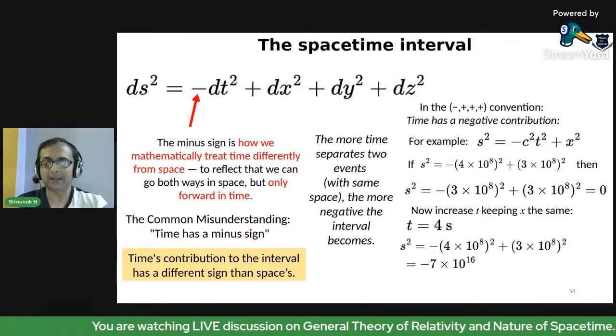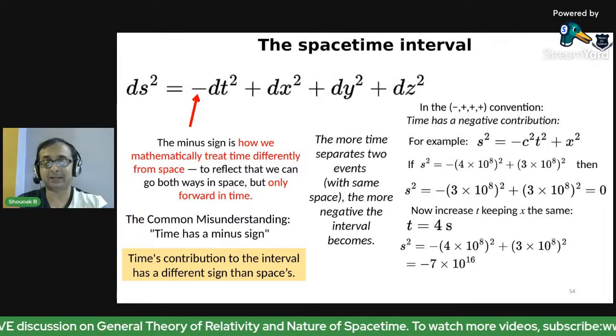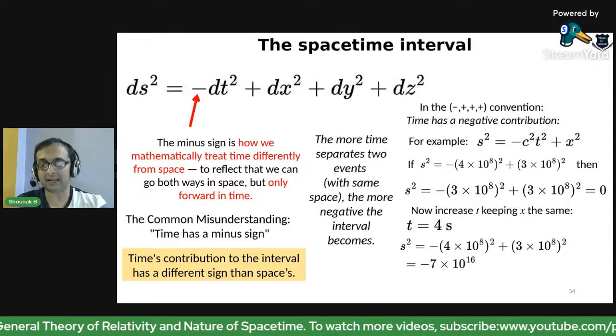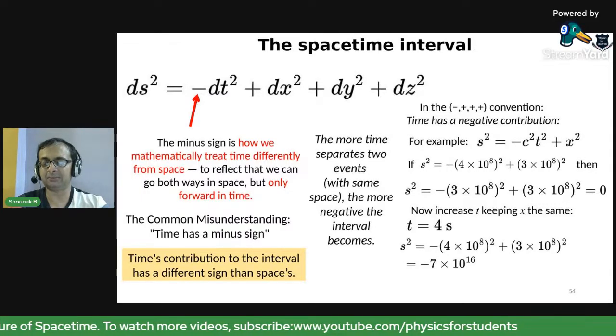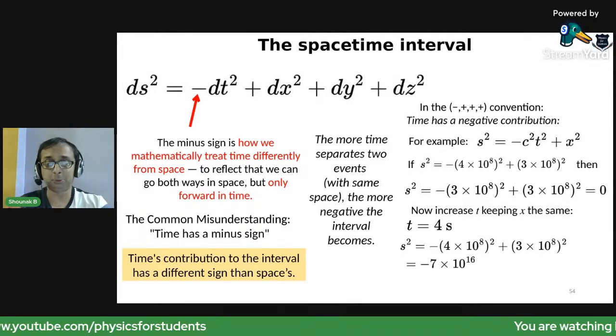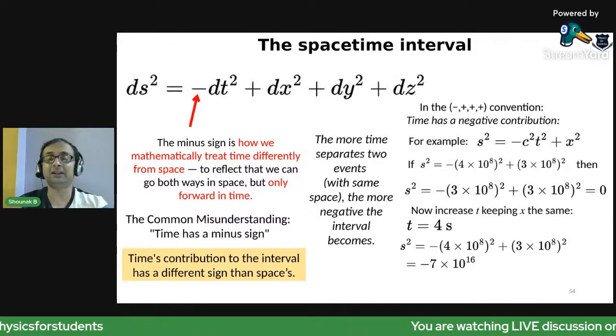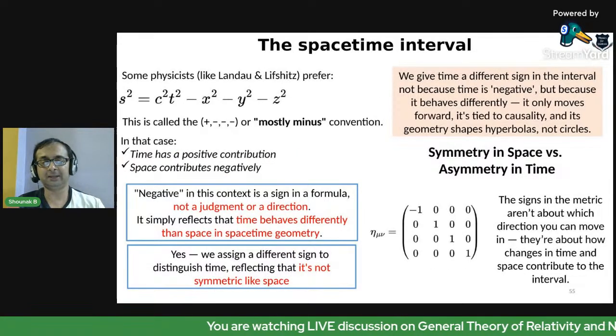Now if I increase t, keeping x the same, that means I'm increasing the time to 4 seconds, you will get this kind of value, 7 times 10 to the power 6. So it tells us that the more time separates the two events, the more negative the interval becomes. If you go to the next part, things will become clear.